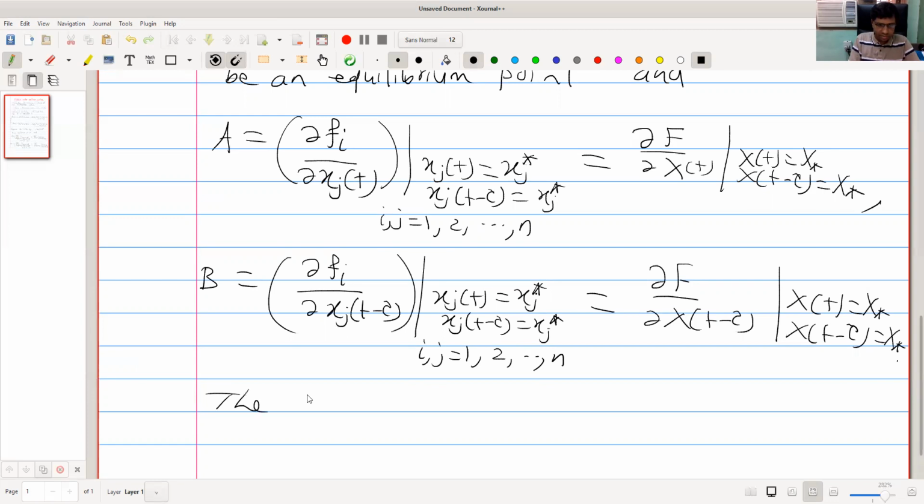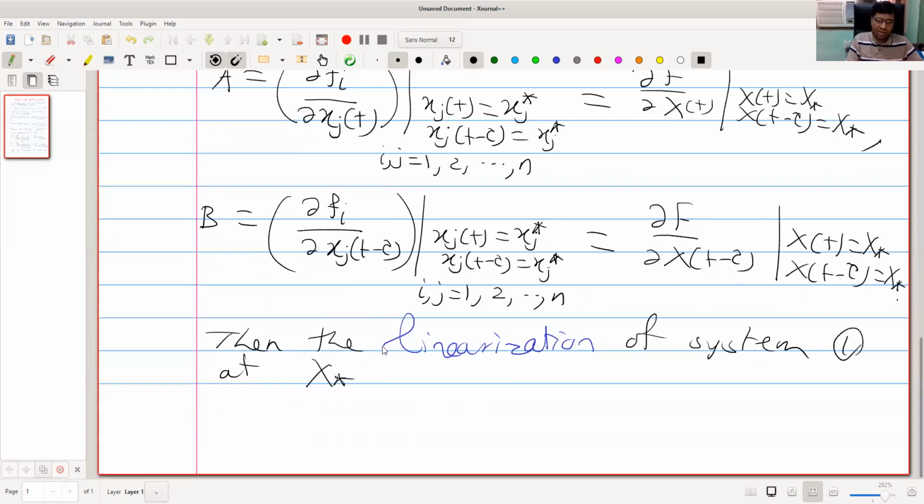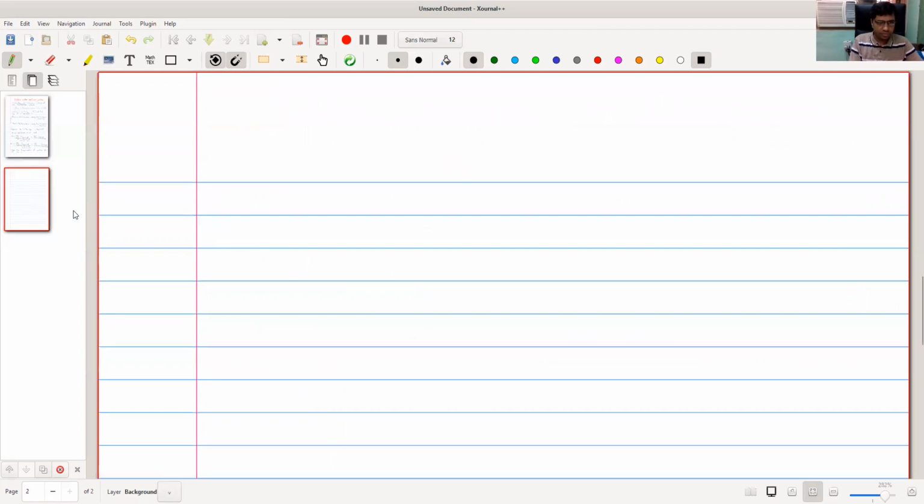Then the linearization of system 1 at equilibrium x star, that is, in the neighborhood of x star, is given by x dot of t equal to A x of t plus B x of t minus tau.